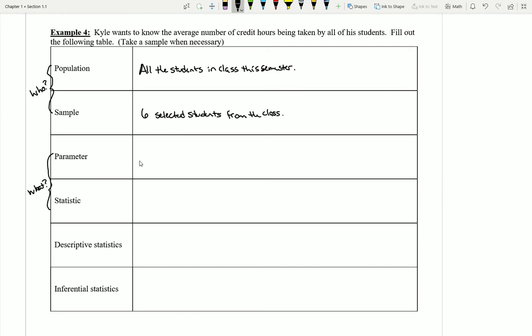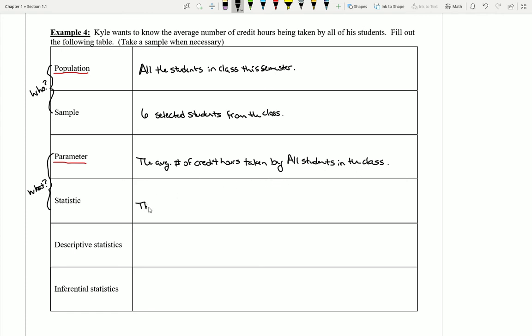So my parameter would be the average number of credit hours taken by, well, since I'm dealing here with a parameter, I know that that's tied back to the population. So I want to know the average number of credit hours taken by all students in the class. So I'm dealing with the population.